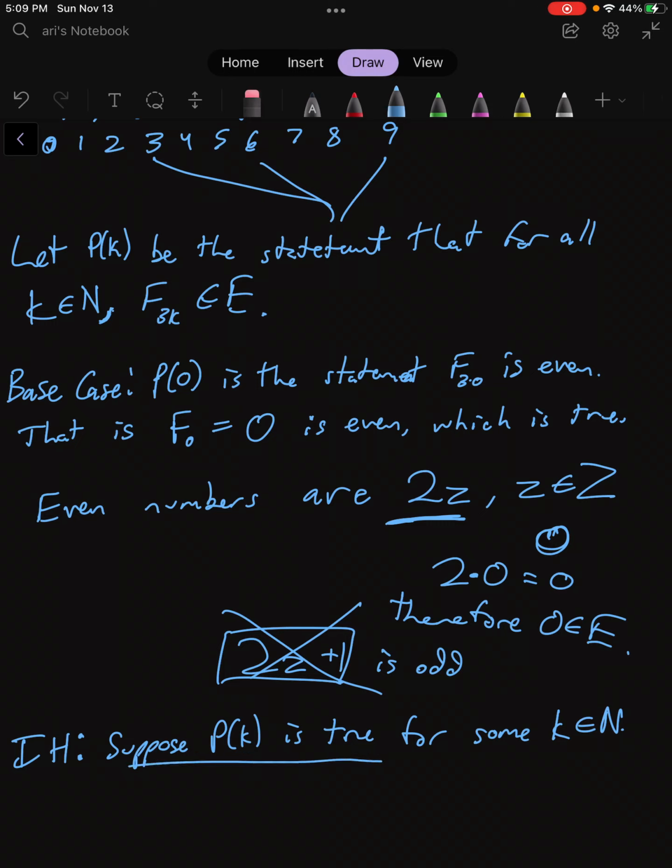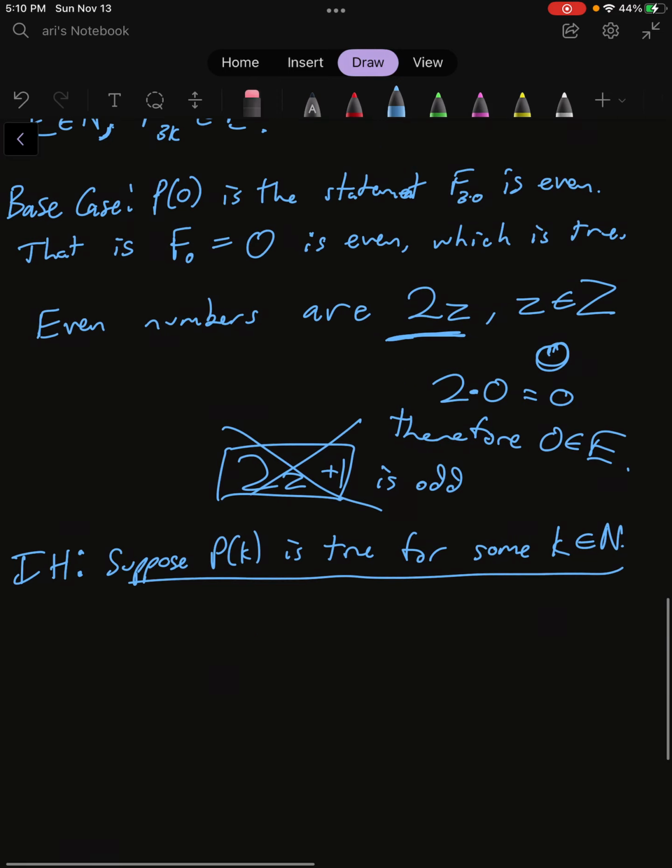Now we're generalizing. And I'm not going to rewrite it. I'm just going to say, suppose p of k is true for some k in n. We know what that means. That means that f of 3k is even for some k. If we plug in maybe the number 3 for k, that'll be f of 9 is even. That'll be true. It should be true.